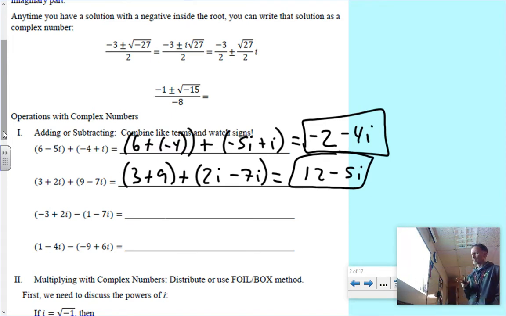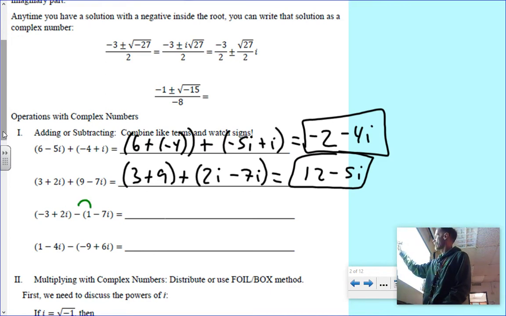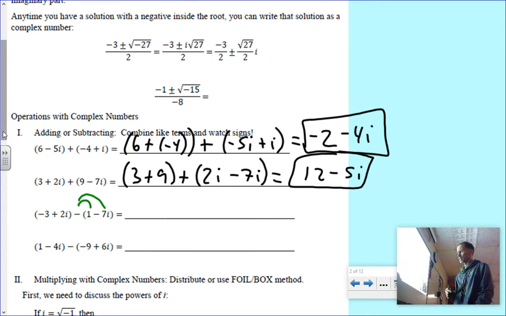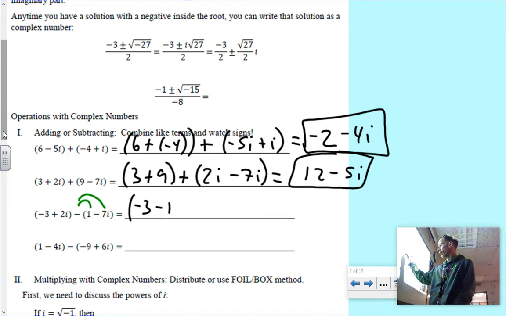Now, there is a little catch here. With adding, there's nothing going on. When you're subtracting, you do have to remember you're distributing. So that minus sign is going to change the sign of both of those two things inside of that second set of parentheses. In other words, when I combine my terms this time, I'm going to do -3 minus 1, and then 2i plus 7i, because remember, two negatives make a positive.